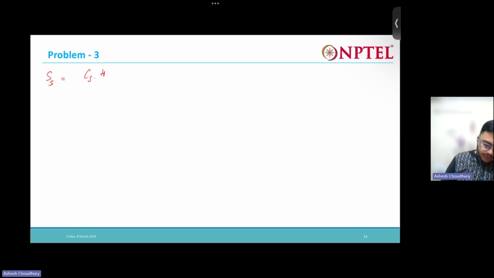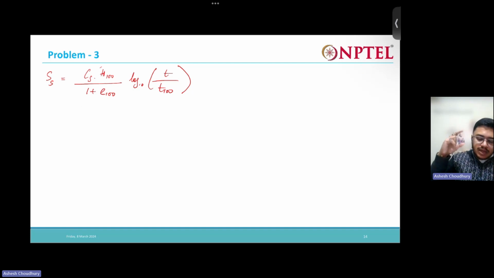But here what we will be doing is that, let me just write the, now this H100 is nothing but the thickness of the clay layer at the end of the primary consolidation. E100 is the void ratio of the clay layer at the end of primary consolidation.